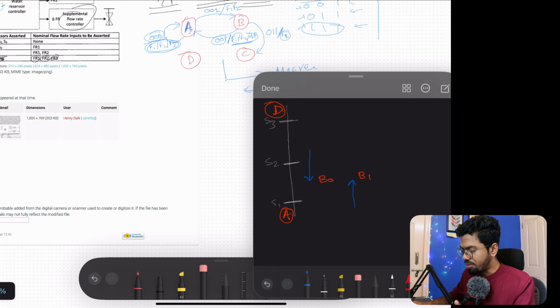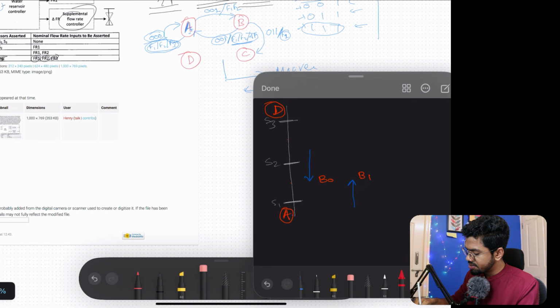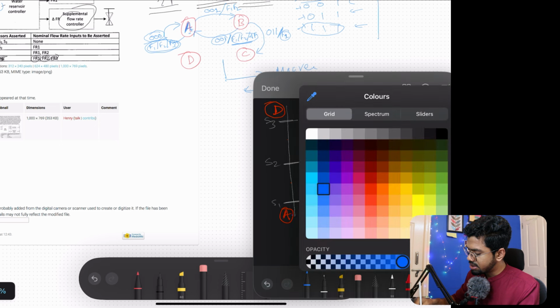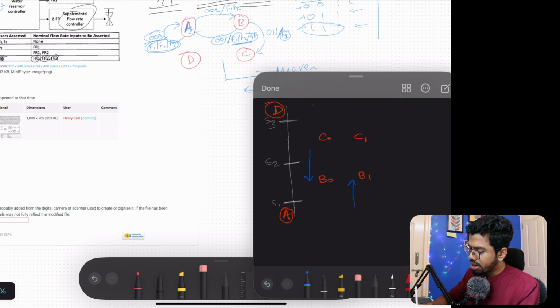C also, for C you have your C0 and C1, going with a similar convention. Anytime I am coming from a top water level to down in between S3 and S2 it would be C0, and anytime my water is going from in between S3 and S2 to above S3 it would be C1.